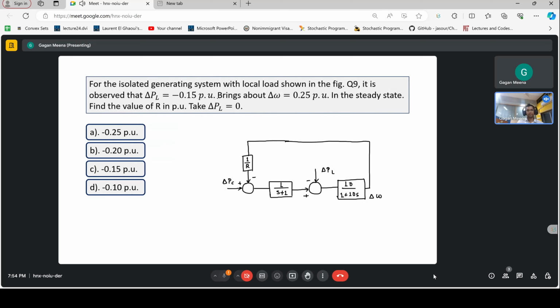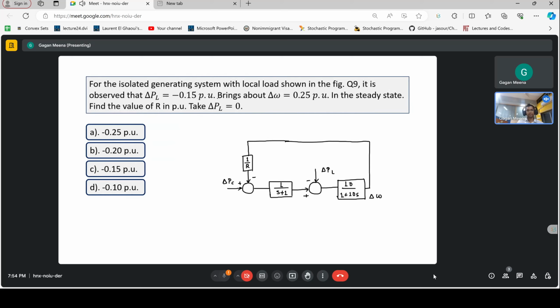So this multiplied by this one is this. So minus 1 by R into delta omega plus delta PC multiplied by 1 by 1 plus S minus delta PL multiplied by 10 divided by 1 plus 10S. So we will get this.